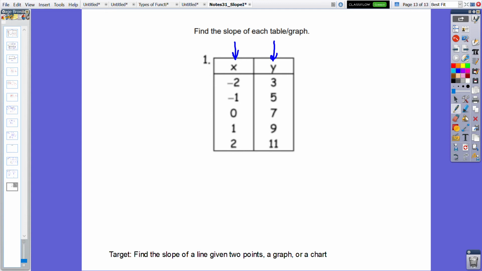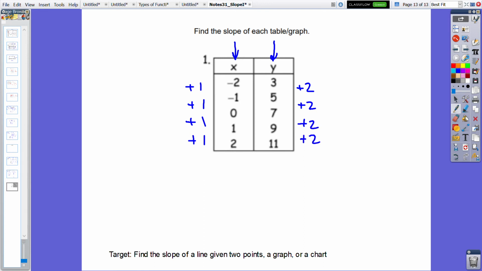So if I'm going from -2 to -1 to 0 to 1 to 2, I know that's a common difference of +1. I'm adding 1 every time. Likewise, we go over to the y column, 3 to 5, 5 to 7, 7 to 9. I'm adding 2 every time. There's my common difference there.